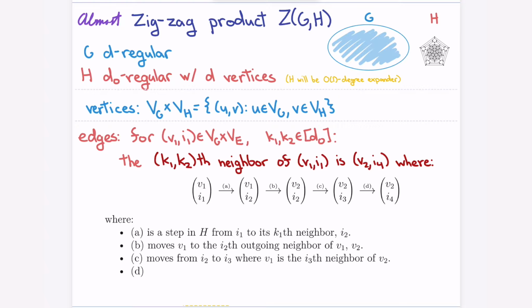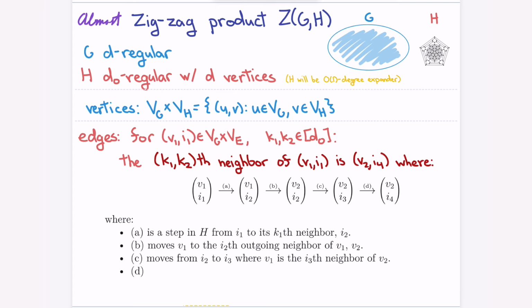But then you look at V2 and say, oh, V1 was the fifth neighbor of V2 if I went backwards. So you assume everyone has their neighbors numbered. So you went from V1 to V2, but there may be a different index in the opposite direction. What is the index of V1 relative to V2?